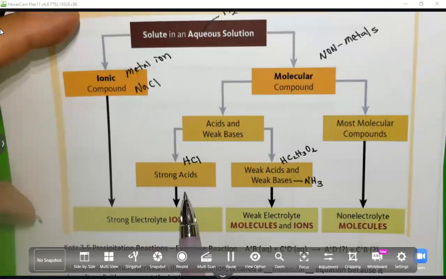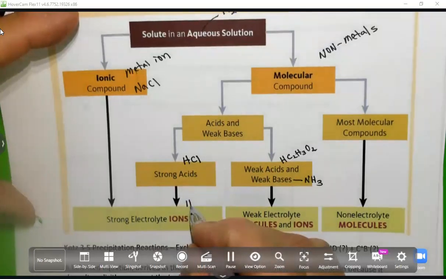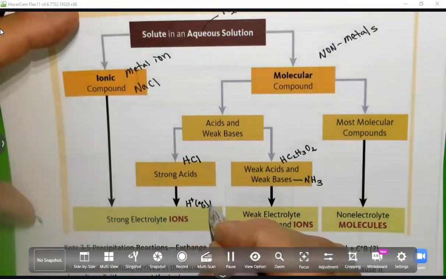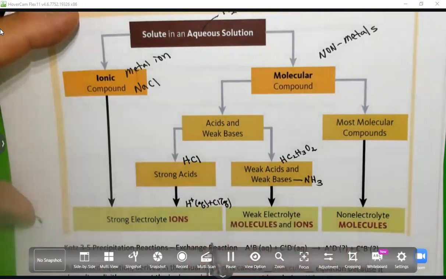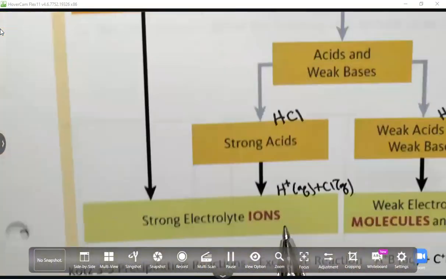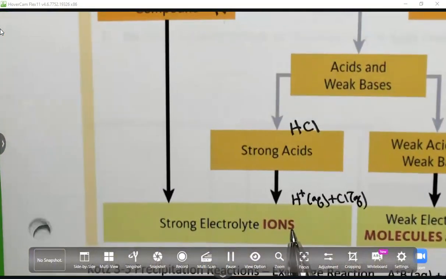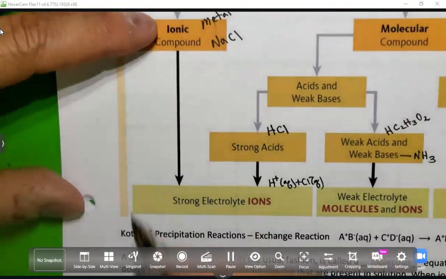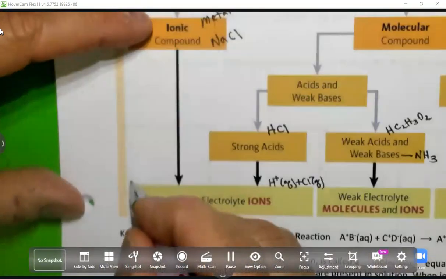So strong acids are going to produce all these ions in solution. What would you get? You would get H plus, aqueous, and Cl minus. H plus and Cl minus for that strong acid. And over here, what would you get for the salt?